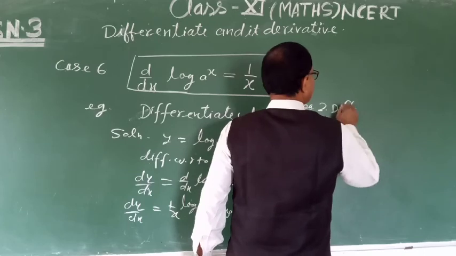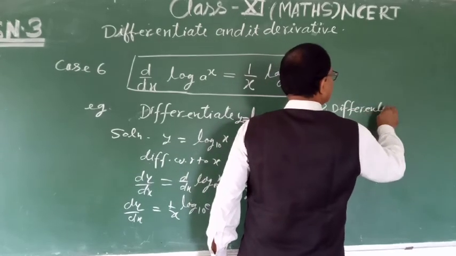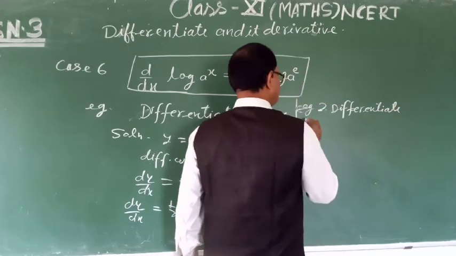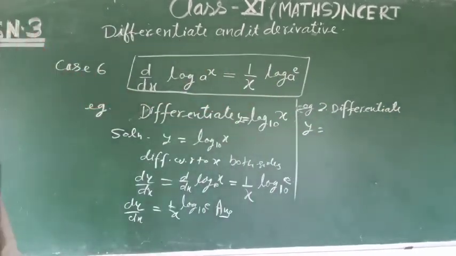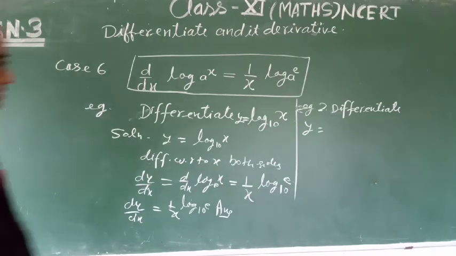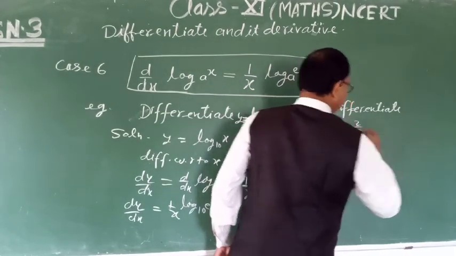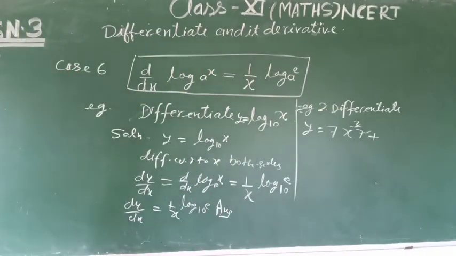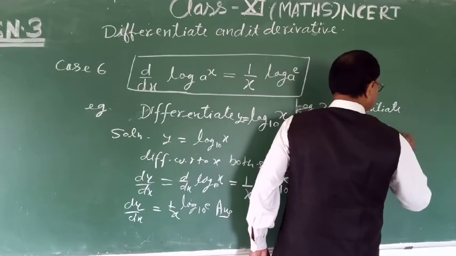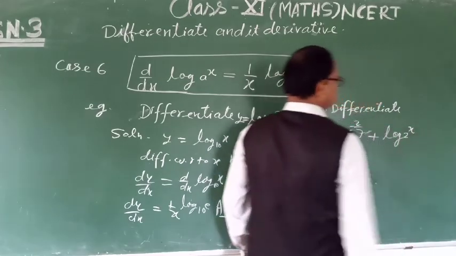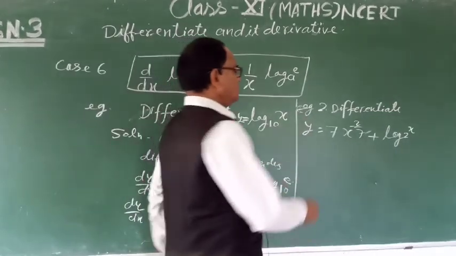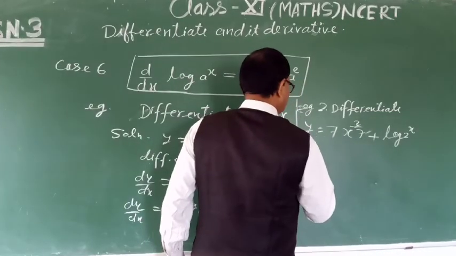Differentiate y is equal to 7 x power minus 2 by 7 plus log 2 power x. Okay students, solution.